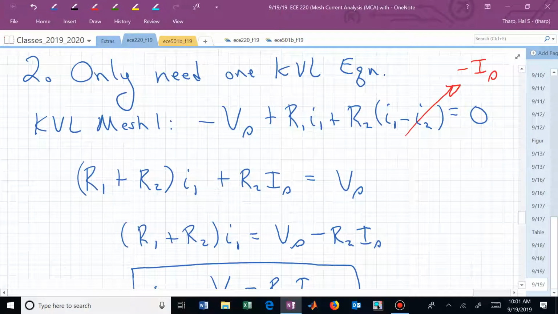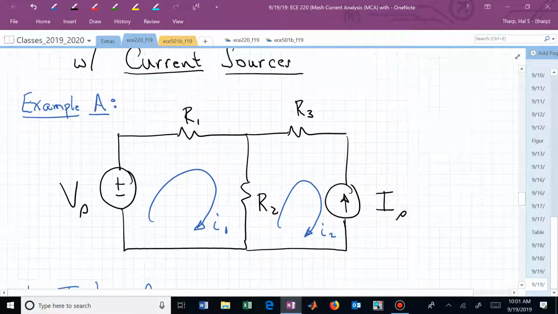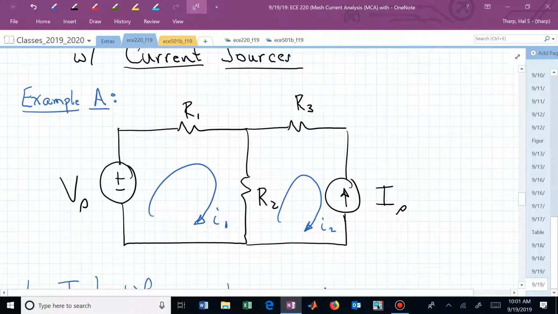If you said, well, I need a second mesh equation because I've now labeled this with I1 and I2, what happens when we start to write KVL in the second mesh? Starting in the lower left corner, we would have R2 times I2 minus I1 plus R sub 3 times I sub 2.